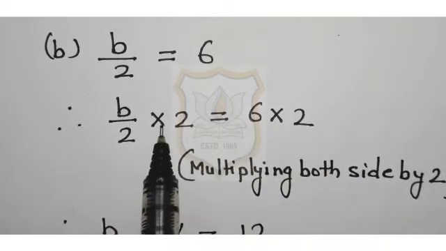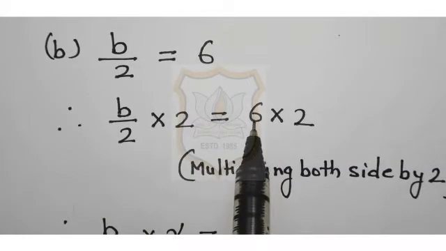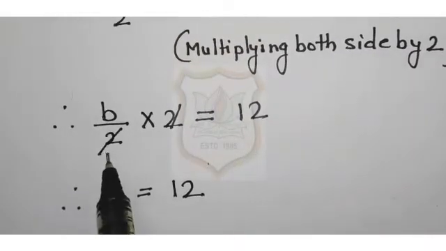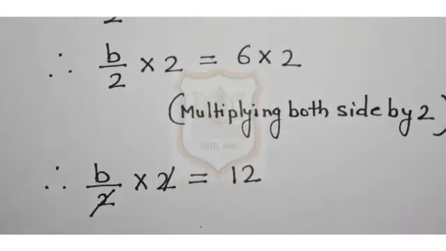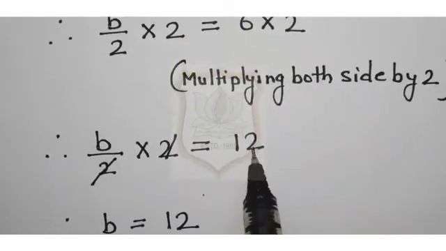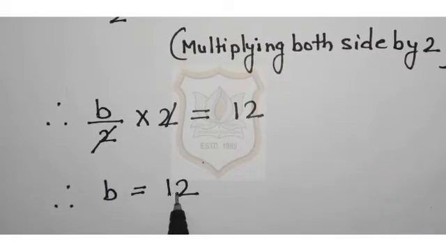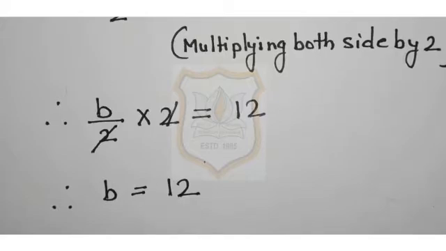To maintain the equality, we have to multiply both sides of the equation by 2. So B upon 2, the 2s cancel, and 6 into 2 is equal to 12. Now the value of B is equal to 12. So in this way we can find out the value of B.